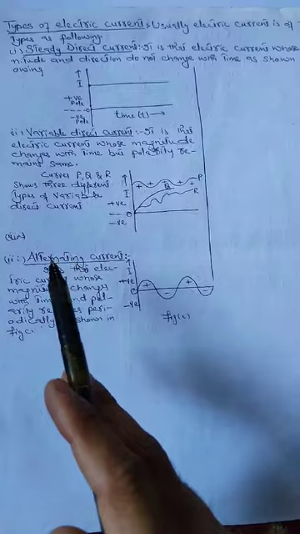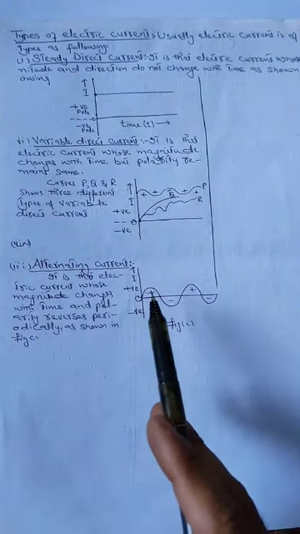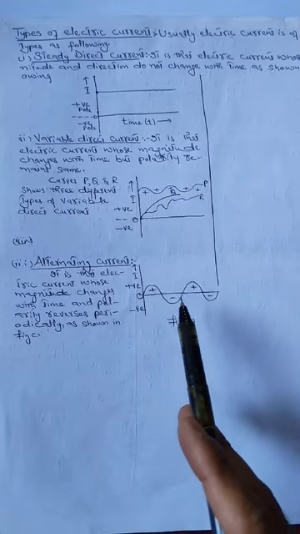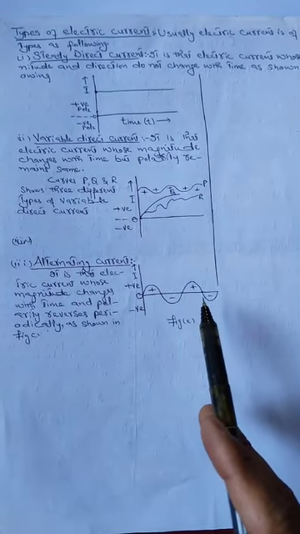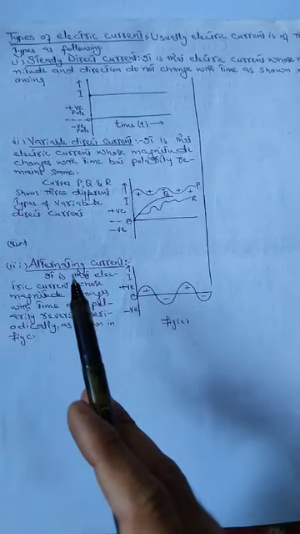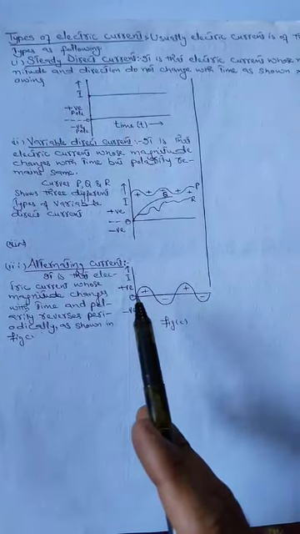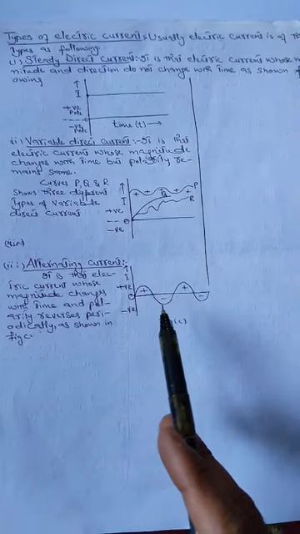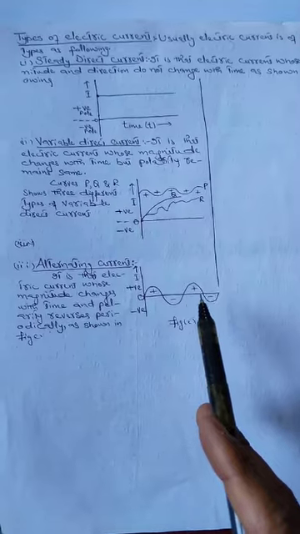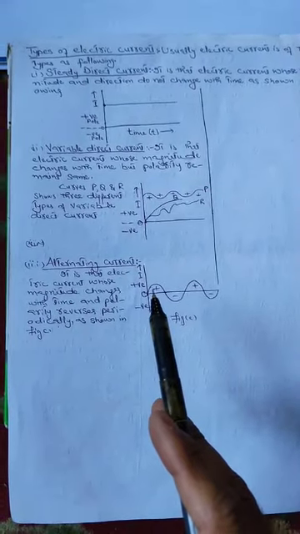So alternating current is that current in which both polarity and magnitude change, but this change happens after equal intervals of time. Let me repeat, alternating current is that current in which the polarity and magnitude change after equal intervals of time.